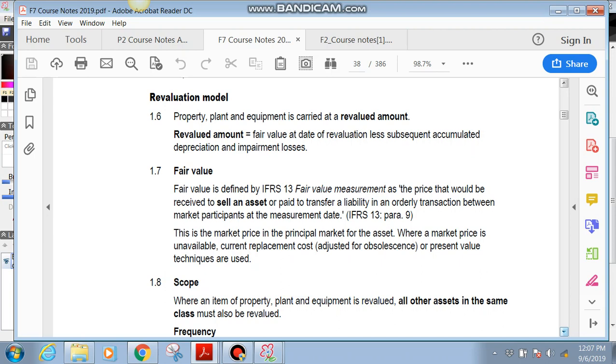So do well to start memorizing the definitions of standards now. We will come back to IFRS 13 and look at it in more detail.